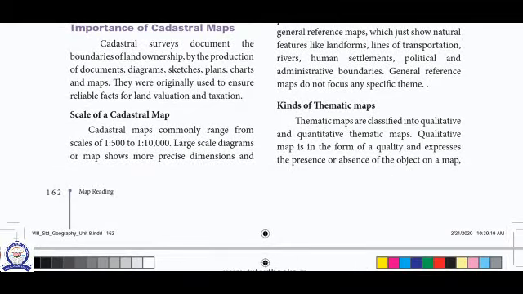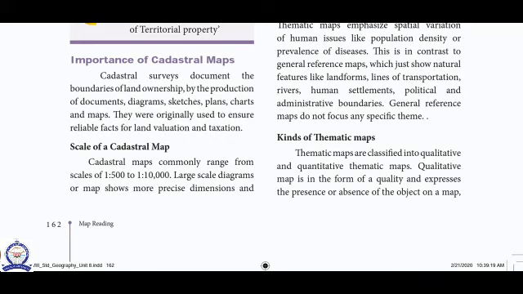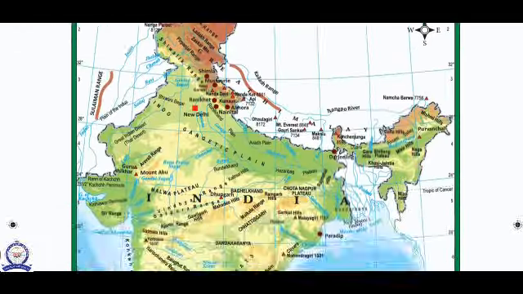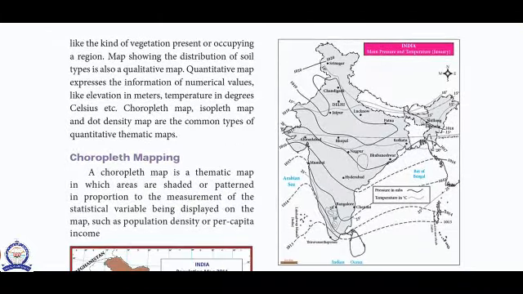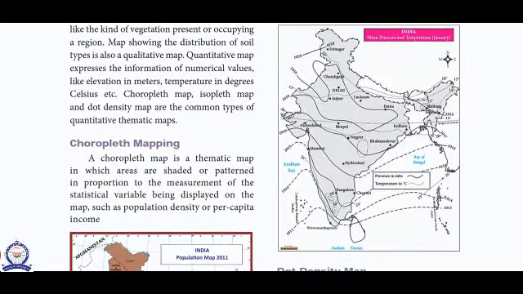Kinds of thematic maps. Thematic maps are classified as qualitative and quantitative maps. A qualitative map is in the form of qualities and expressions and the presence or absence of objects on a map, like the kind of vegetation occupying a region.